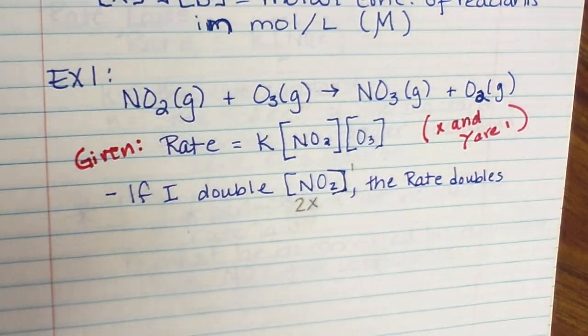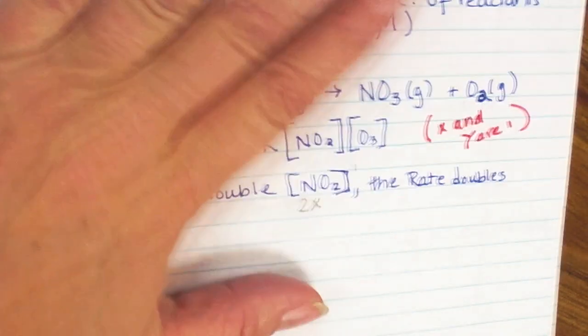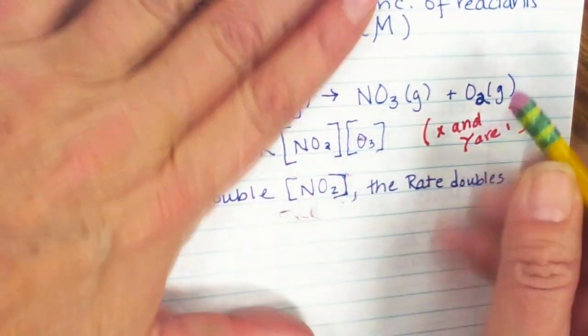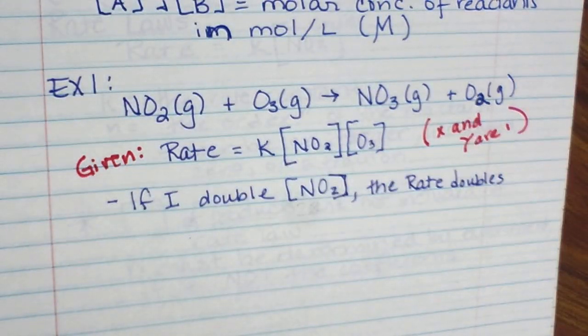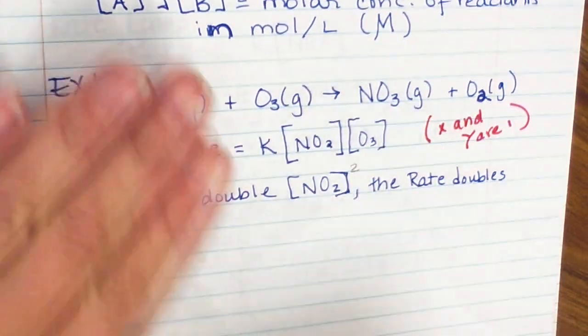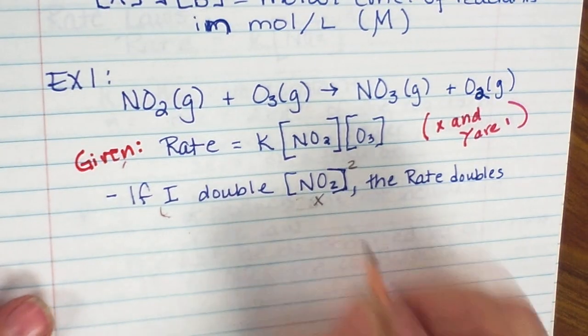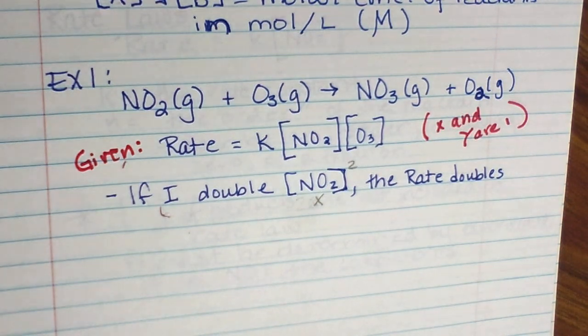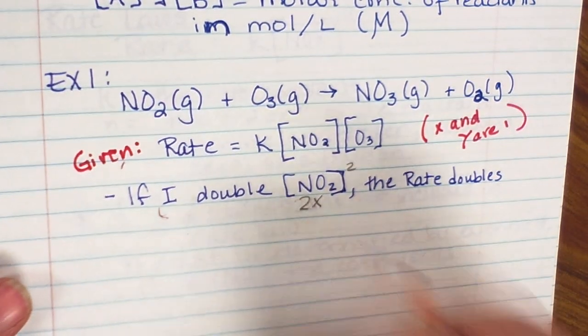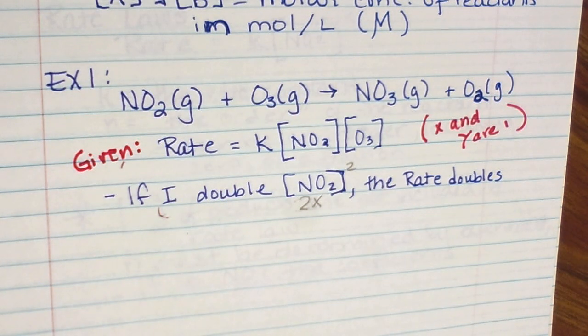Now what happens if it's squared? I'm going to do this now, and then again later because it gets confusing. My NO2 concentration is X, and now I double X. What happens to my rate? Yes, it goes up by a factor of 4.